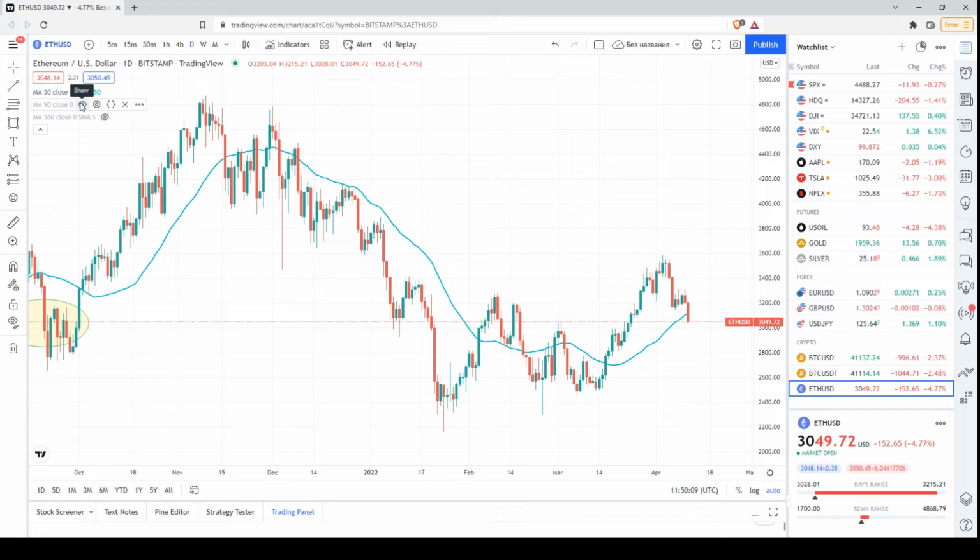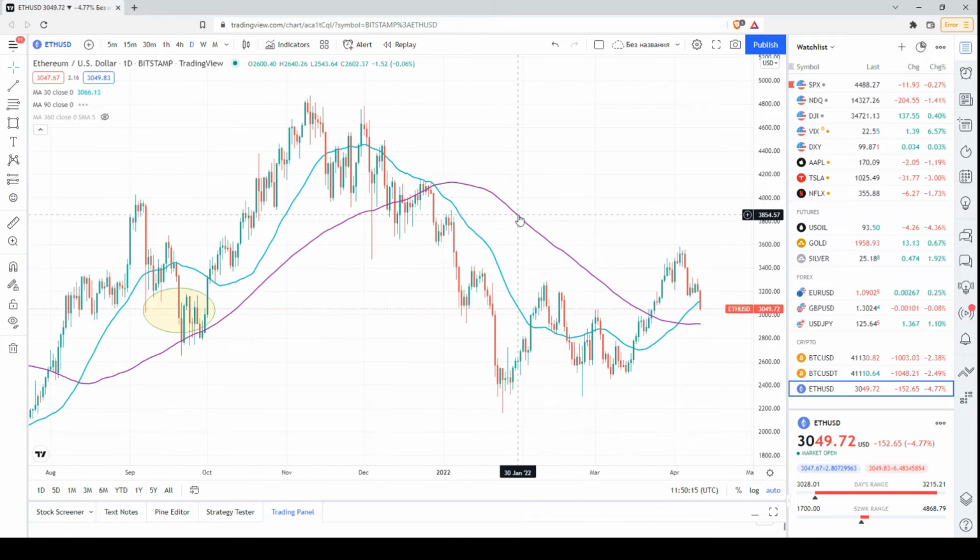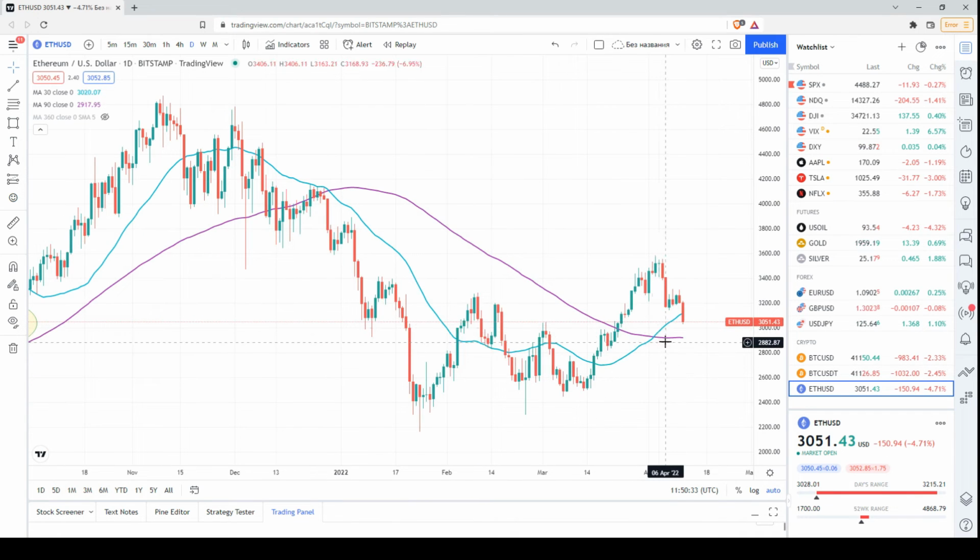Now let me add the 90-day moving average, or the moving average for the period of 3 months or 1 quarter. Okay, the price has been mainly below this moving average as well since the very beginning of January, let's say. Also, we had a bearish moving average crossover here when the 30-day moving average dropped below the 90-day moving average.